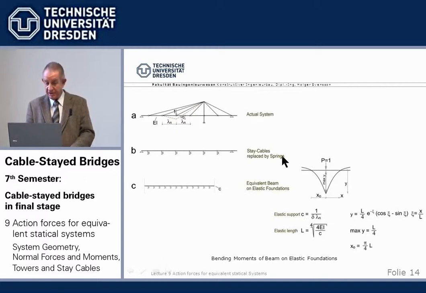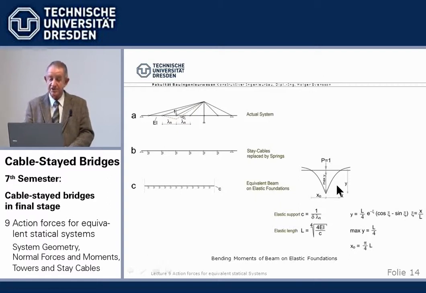And then we know the influence line for a beam on elastic support, you find it in every handbook, runs like this. We need to calculate the deflection here, then the characteristic length, and get the influence line.